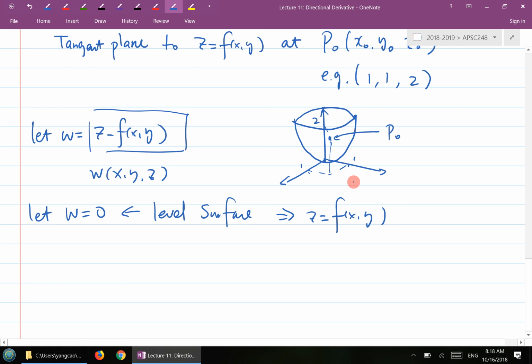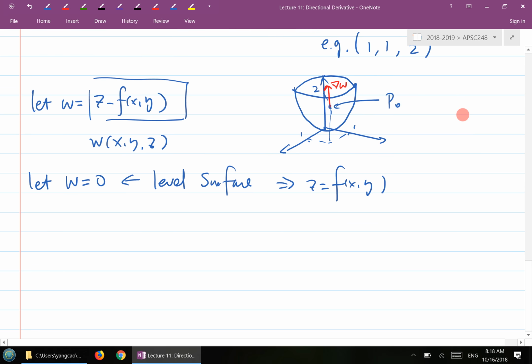Once you understand this, we're looking for a tangent plane at this point, or the gradient vector at that location, perpendicular to this level surface. We basically follow the same procedure.